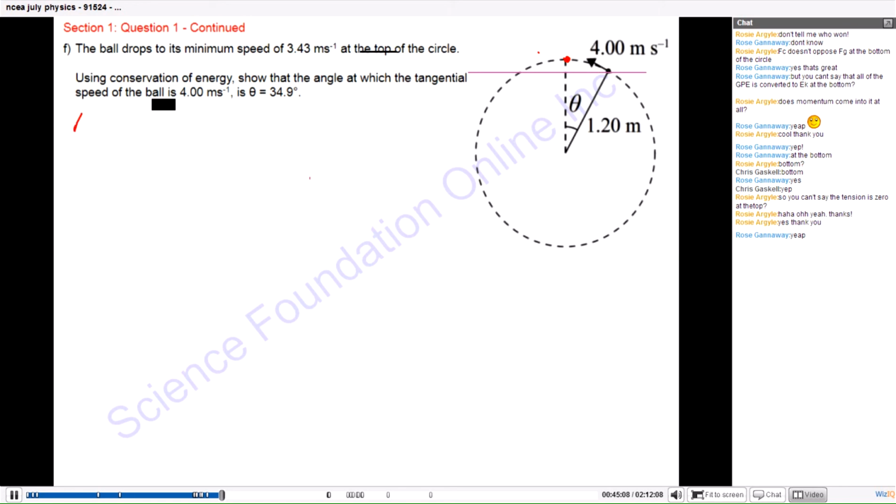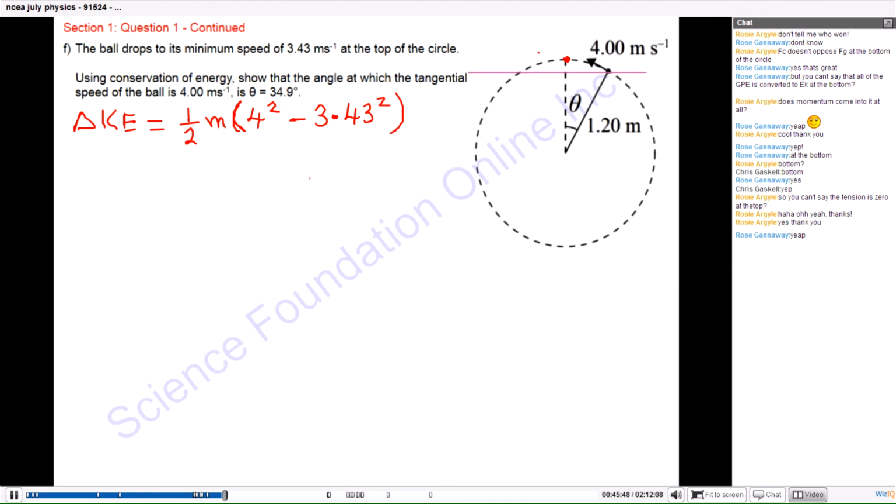We can put it as delta KE will be half mv squared, meaning at 4.00 v squared, minus the smaller kinetic energy at the top of the circle, 3.43 squared. There. That's what the difference in kinetic energy is going to be.